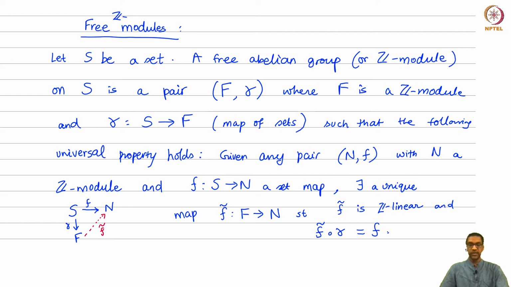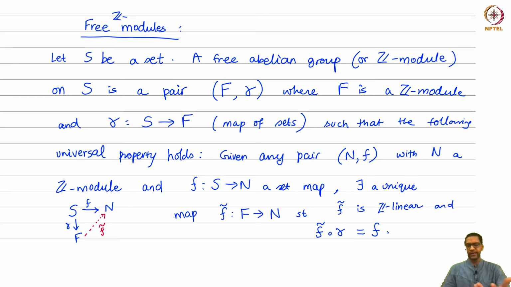Okay, so this is the definition, if you wish, of a free abelian group, which says that there should be a map firstly from the set to the group F. That map is gamma, such that given any other such map from the set to any other group, that map factors through F. Okay, which is exactly how we express this fact, that there is a unique map from F to N which makes the diagram commute.